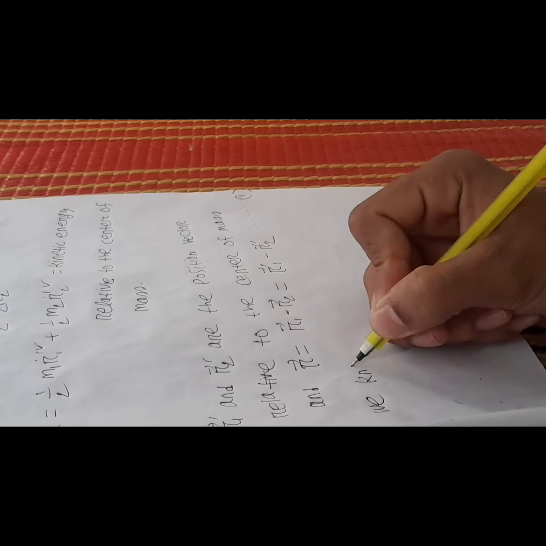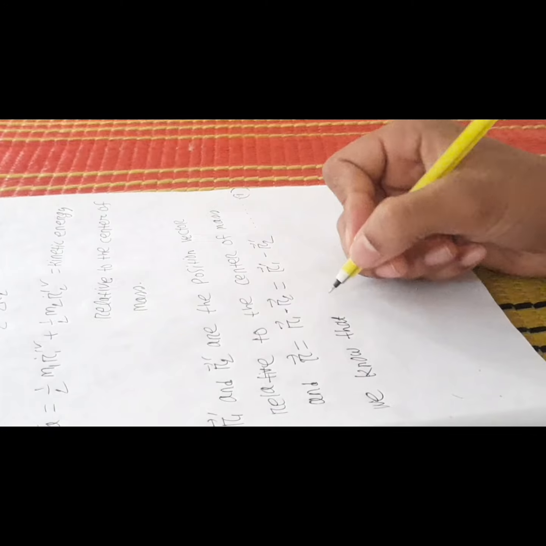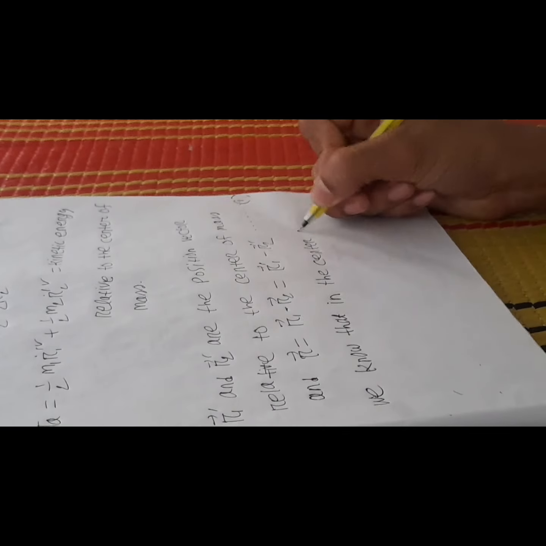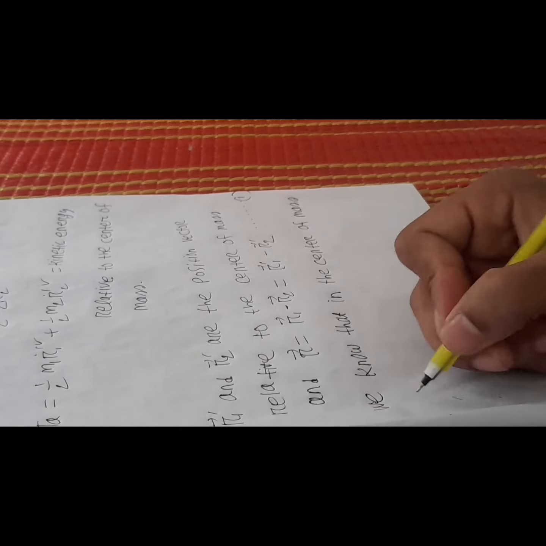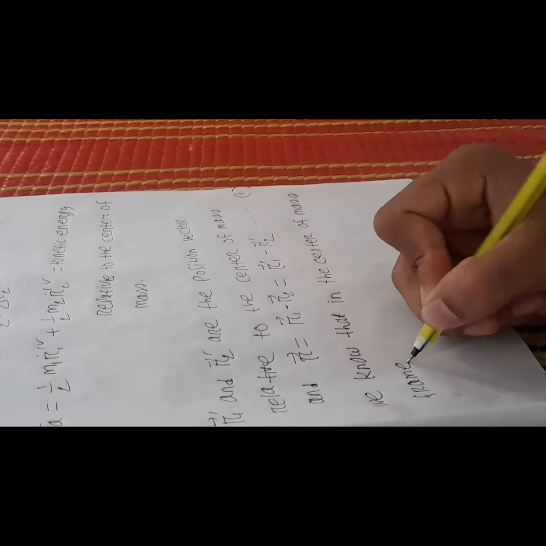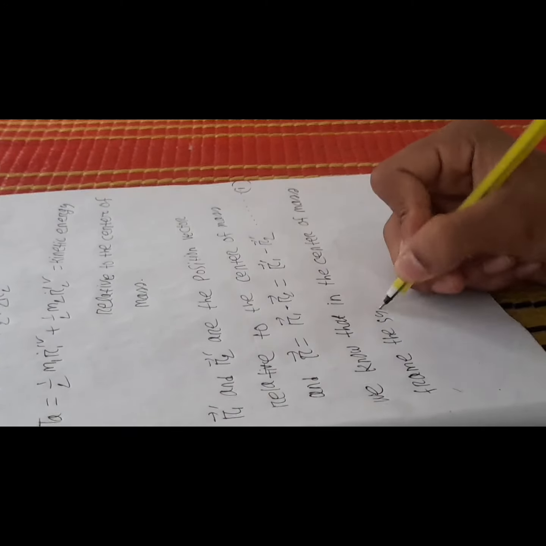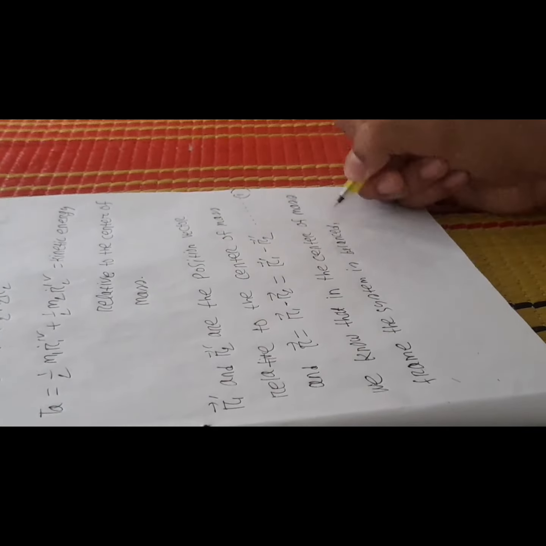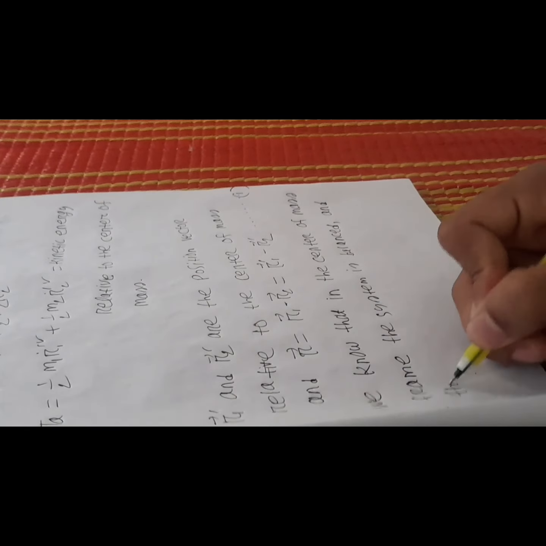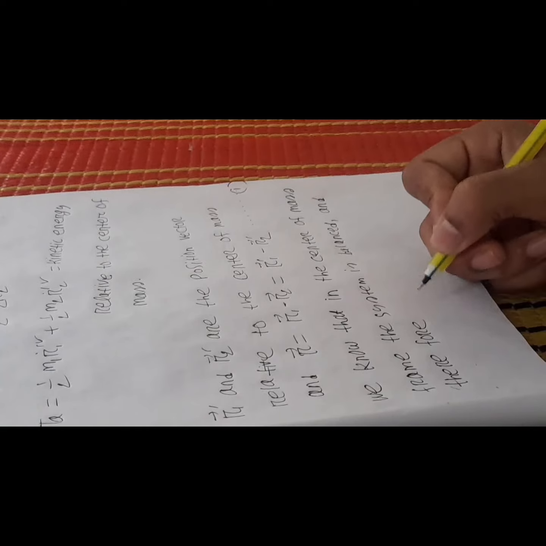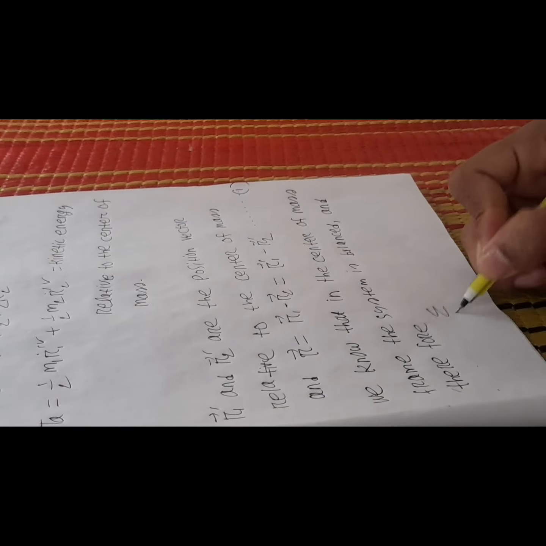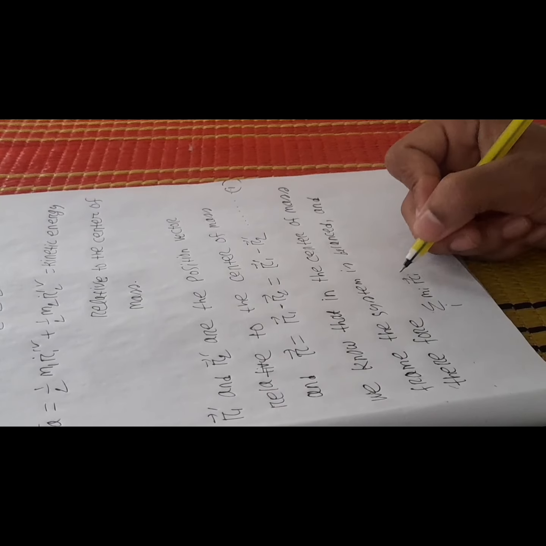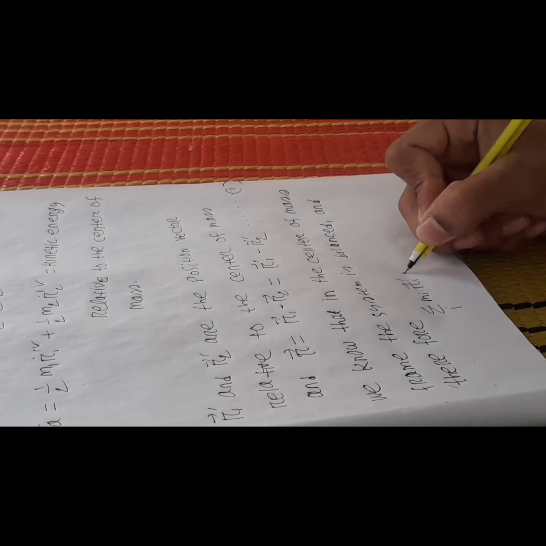We know that in the center of mass system, it is balanced, and therefore summation of i, mi vector r dot i equals 0.